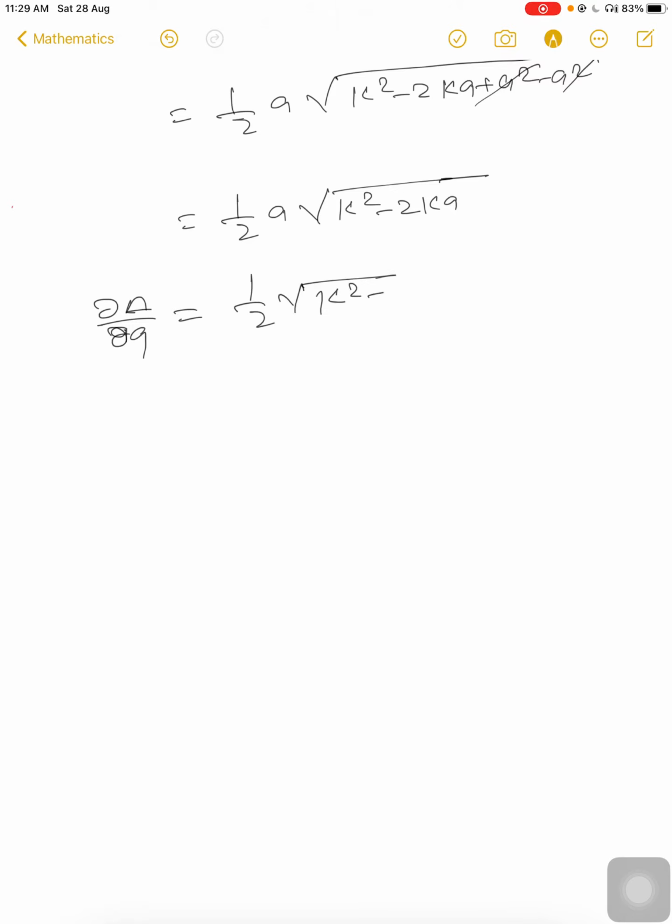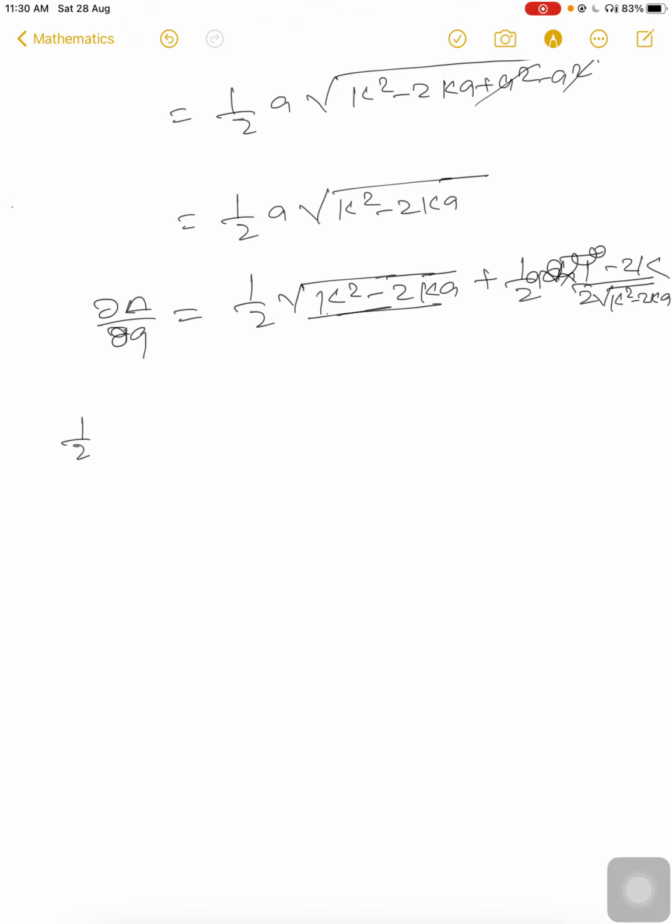You will get half root under K square minus 2KA plus half A, and for differentiation of this one, once again half, half to power minus 1 by 2, root K square minus 2KA, and here K square is 0 minus 2K.